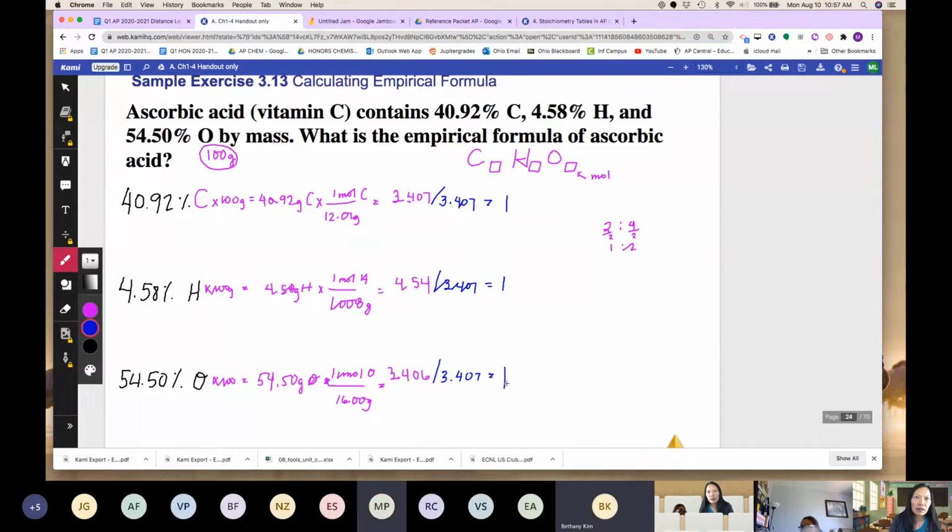So it's 1. What is this number? 1.33. Okay, if you see a number that's like an exact third, or like 0.25 or 0.5, you can't round them. So what you're going to do is multiply it by a number so you get a whole number. What would that be? 3. Yeah. If you do that to 1, you have to multiply it to all of them.